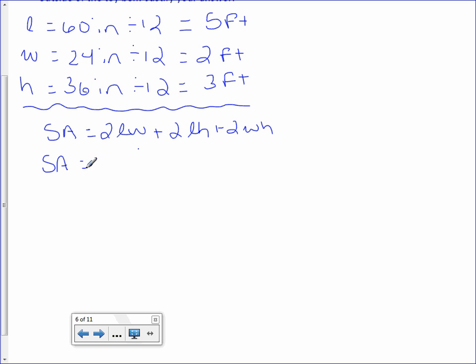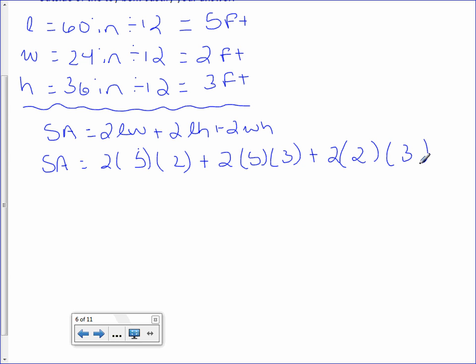Surface area equals 2 times our length is 5, our width is 2, plus 2 times length of 5, height of 3, plus 2 times width of 2, height of 3.